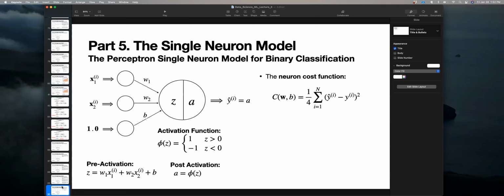If you're reading through most machine learning textbooks or articles online, and you look at a cost function for the single neuron model, which now that we've given it the activation function sign we can call the Perceptron model, it will not look like that. In fact, I don't think you'll see that cost function anywhere online. But trust me, there's a reason why I'm doing this.